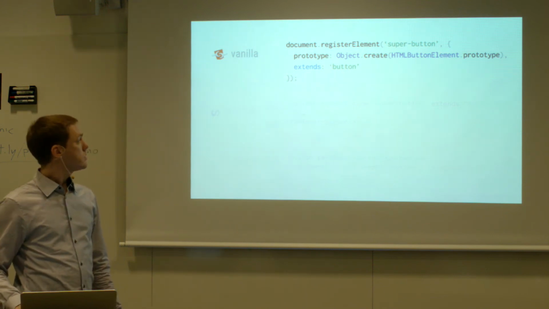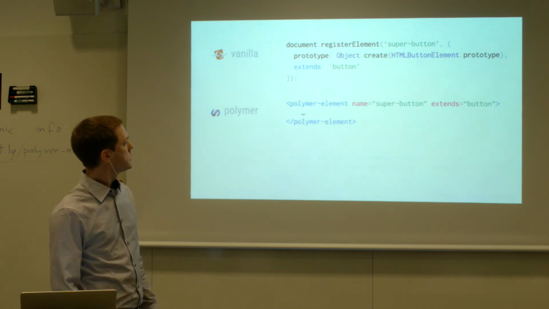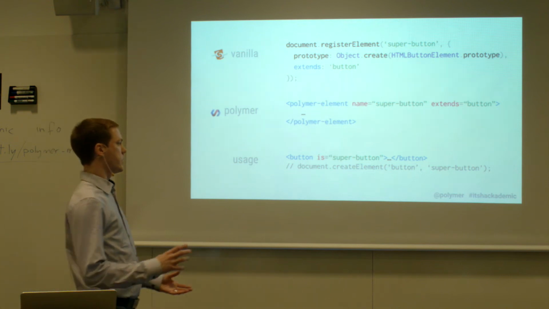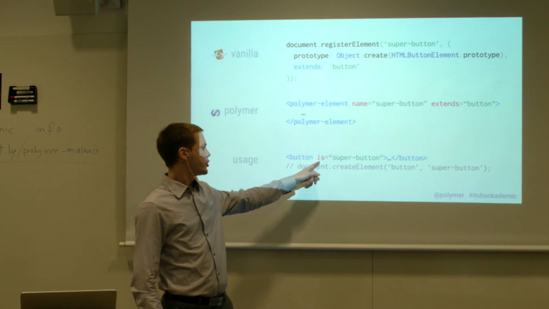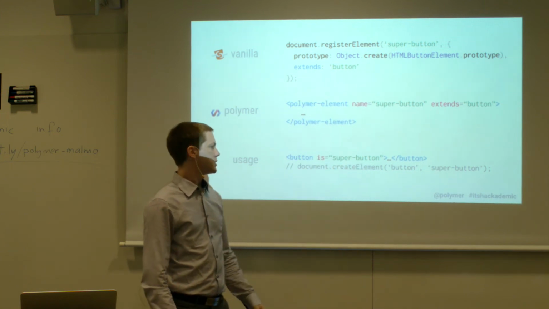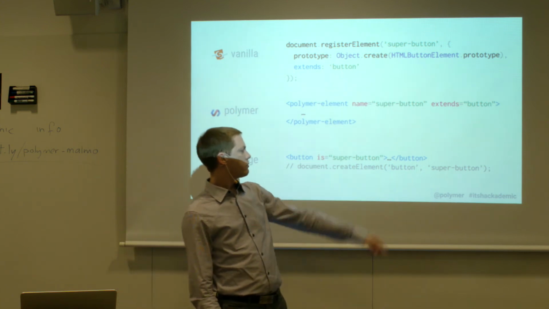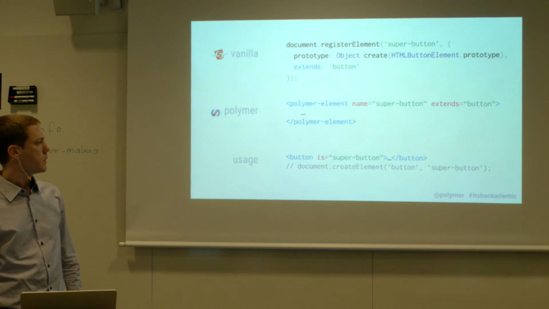It becomes easier with Polymer: just add the extends attribute and specify button. Then when you use it, you use the base tag, and it says that it should be a super button instead. You can create it with JavaScript too, just specify a second argument to createElement.